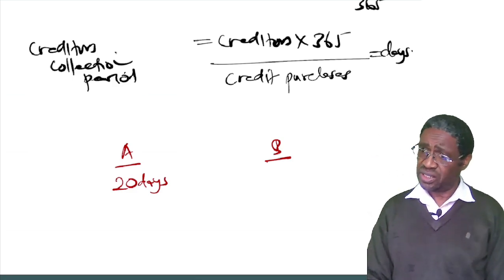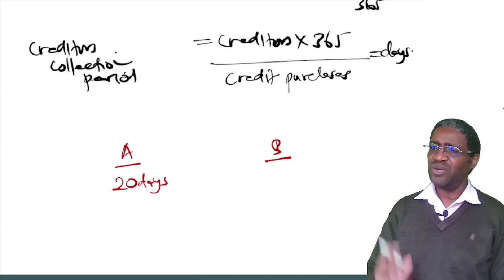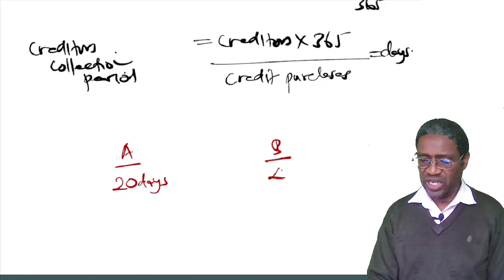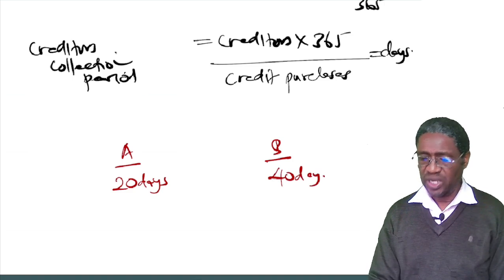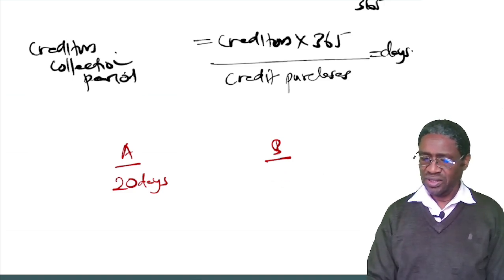Company B says, if you buy goods from them, they will give you 40 days, or let's say 60 days, to pay them.